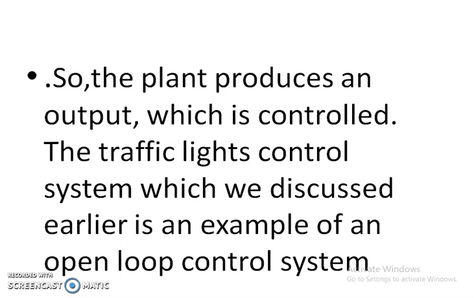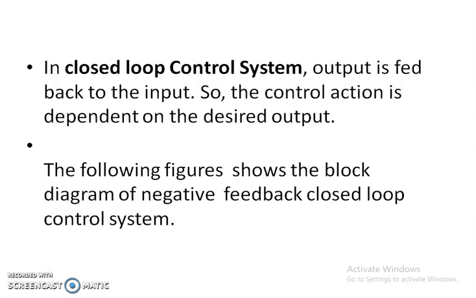So the plant produces an output which is controlled. The traffic lights control system, which we discussed earlier, is an example of an open loop control system. In open loop control system, the output is not fed back to the input, so the control action is independent of the desired output.